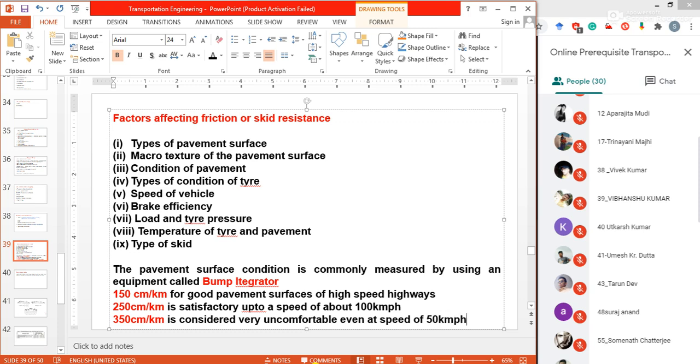Okay, these values are very important: 150 centimeter per kilometer for good pavement surface of high speed highways.